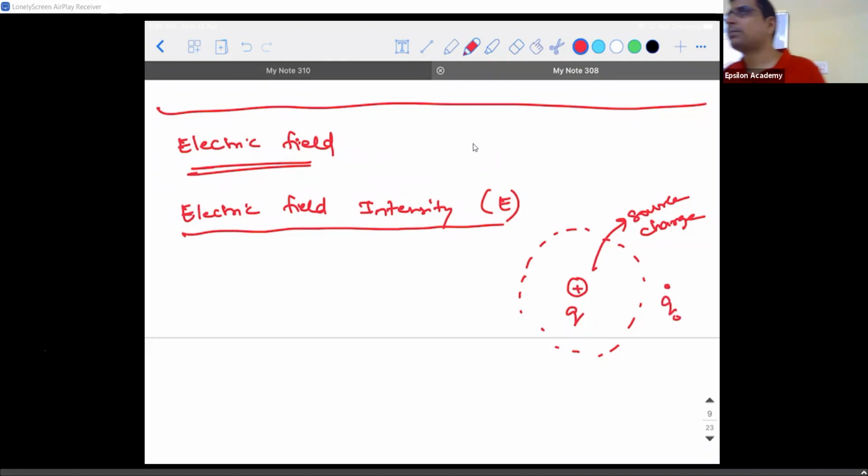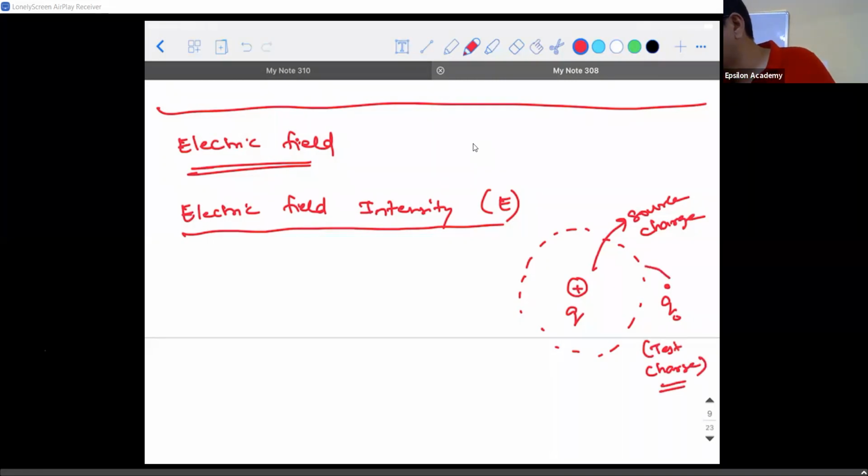Beyond that point, wherever you try to place another charge, it is not going to get influenced. I am placing the test charge at a point outside the electric field. That point in terms of physics is also called infinity. If I place it here, there is going to be no interaction. The name of this charge is test charge because it is used to test the intensity of the electric field generated due to the source charge.